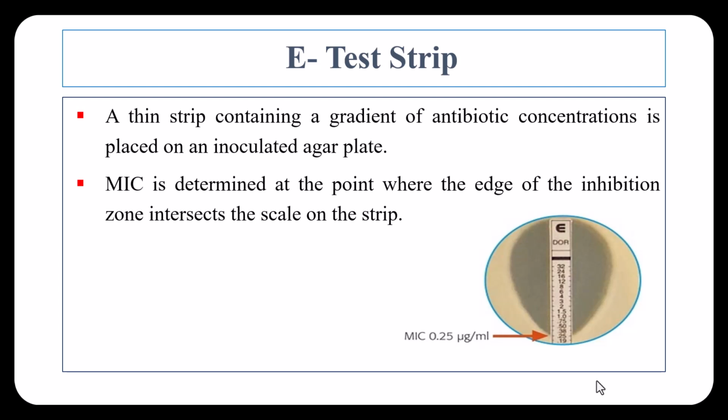The minimum inhibitory concentration is read at the point where the edge of the inhibition ellipse intersects the scale on the strip. For example, if the intersection happens at 0.25 microgram per milliliter, then the minimum inhibitory concentration is 0.25 microgram per milliliter, as you can see here in this image.